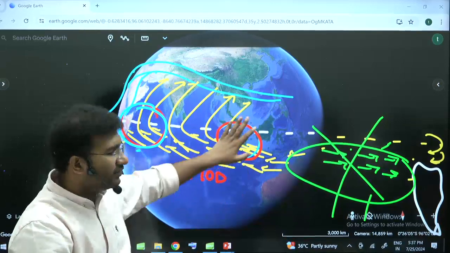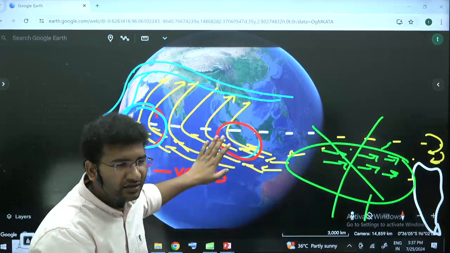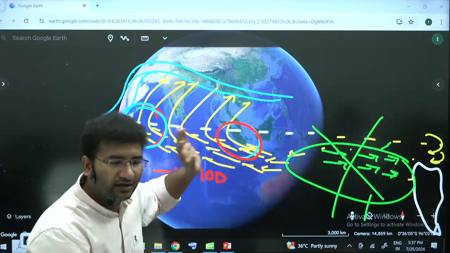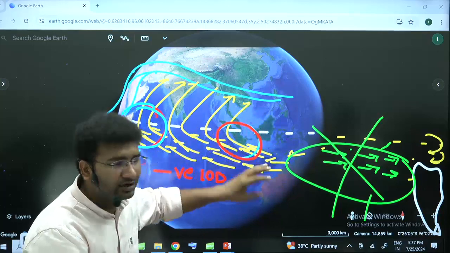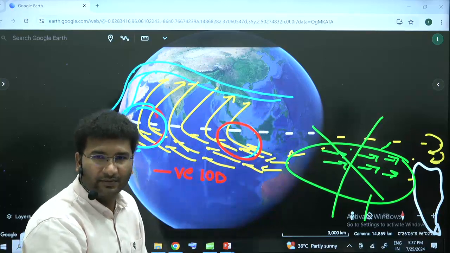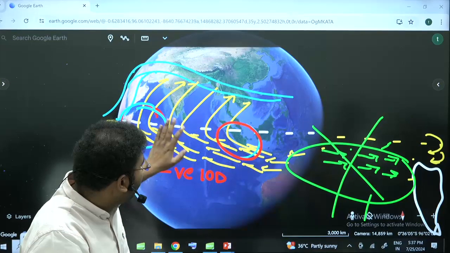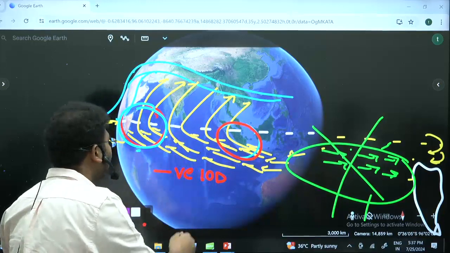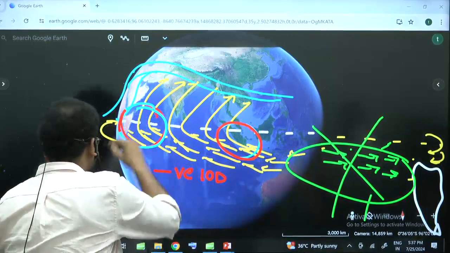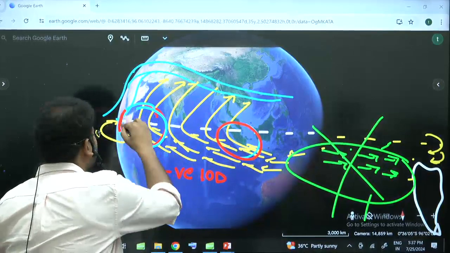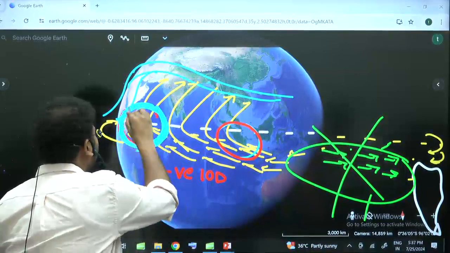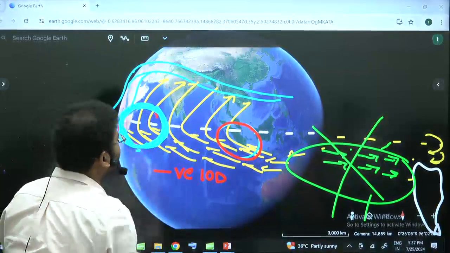Now this negative and positive Indian Ocean dipole can be formed during El Nino or after El Nino, in the absence of El Nino, or whatever it is. Okay? So whenever you have negative Indian Ocean dipole, that means you have cold water here. This is your cold water. Cold equatorial Indian Ocean water, and this cold water will not give good rainfall to India.